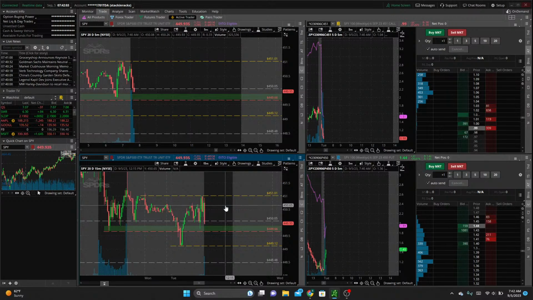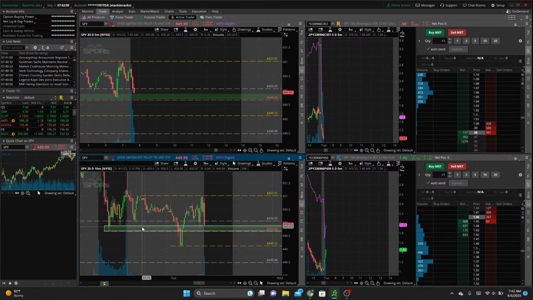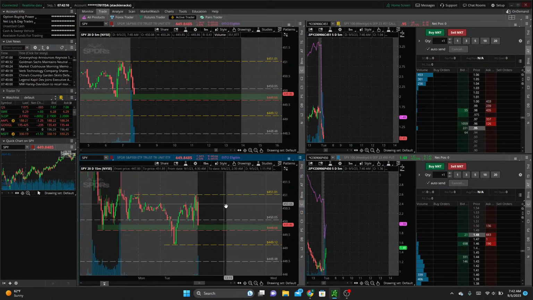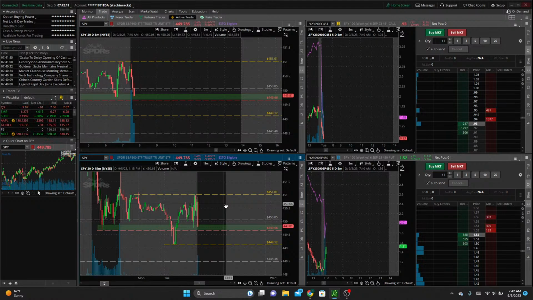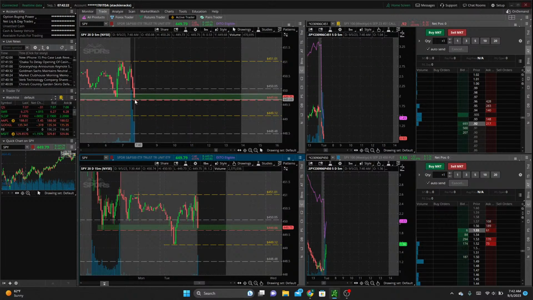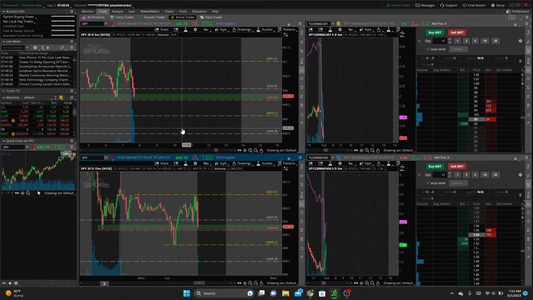All right, looks like we're coming down in this zone. See if it holds, see if we get a bounce. If we break firmly through this, I'd be curious to see a retest and continuation downwards.